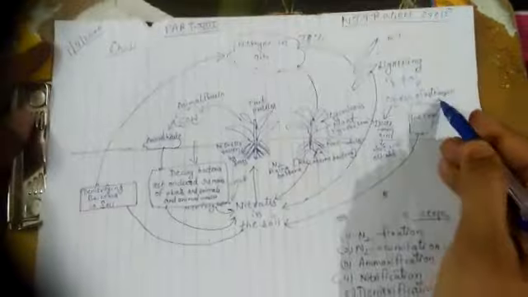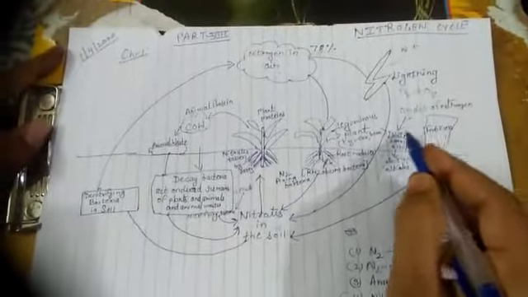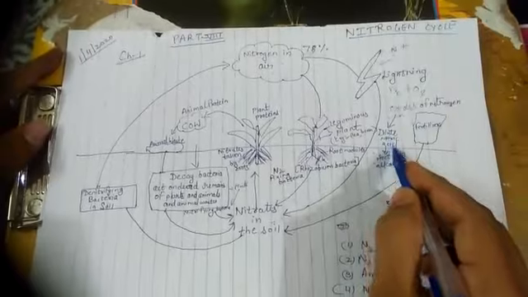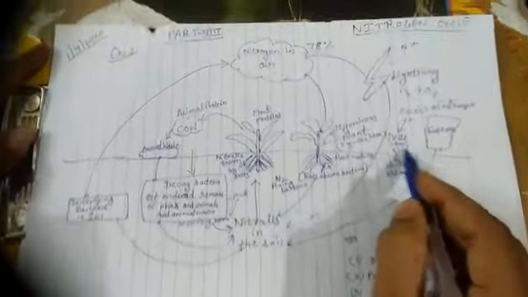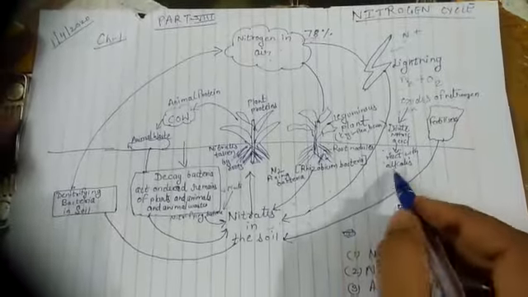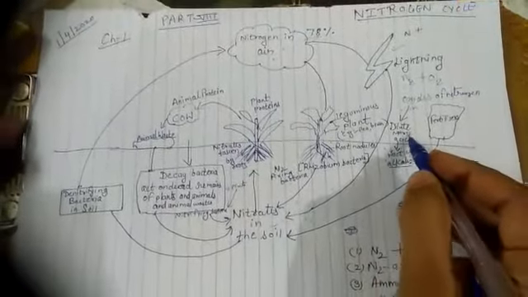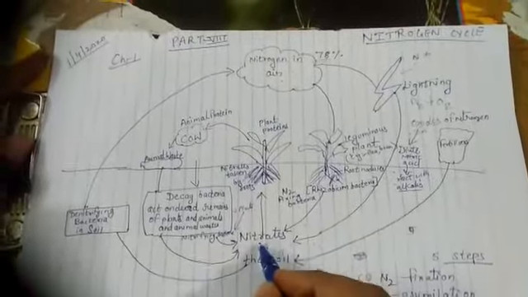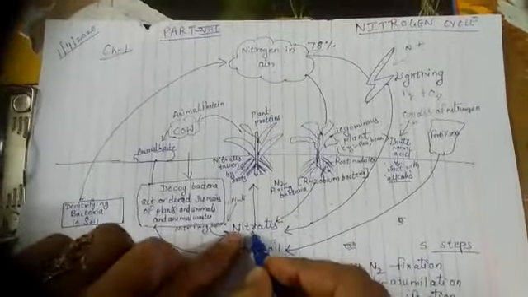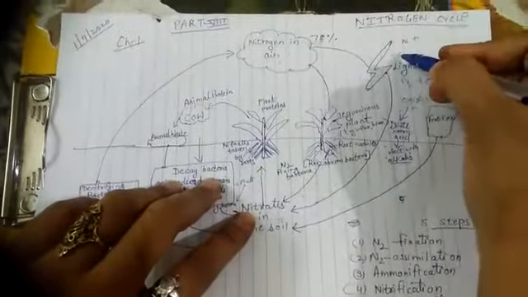These oxides of nitrogen can combine with rainwater and convert into dilute nitric acid. This dilute nitric acid comes into the soil, and in the soil some alkalis are present. They can convert this nitric acid into nitrate. So in this step we have seen nitrogen is converted into nitrate by lightning.